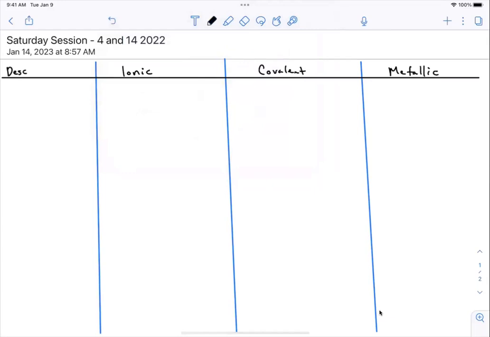We'll just call this description. So this allows us to categorize how to describe each of these types of bonding when we're comparing them to each other.